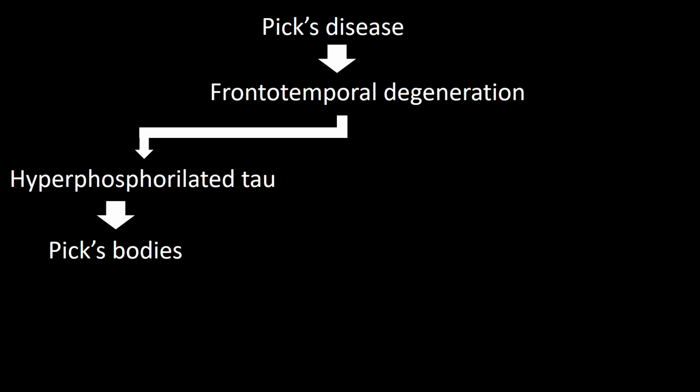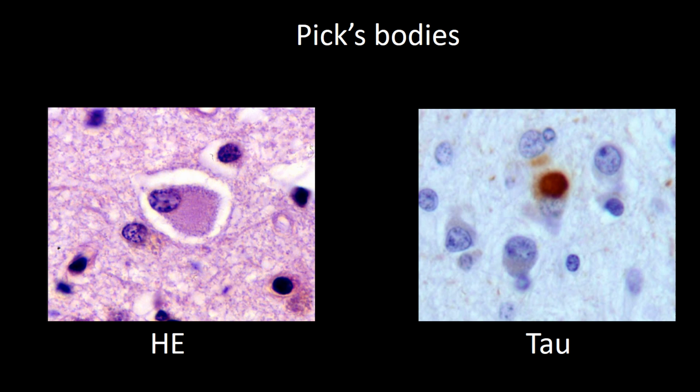Pick bodies are clumps of hyperphosphorylated tau. You can see here a neuron stained with H&E looking like a swollen neuron. In the center, pushing the nucleus to the side, you can see a Pick body. This is stained using tau. The Pick body is more noticeable.